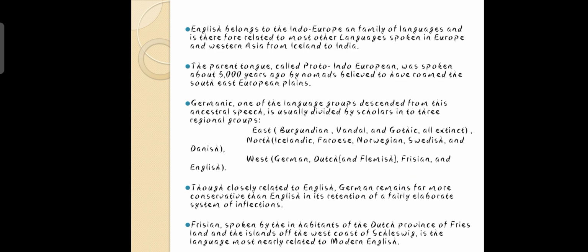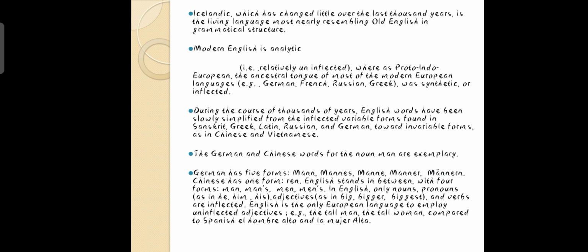Though closely related to English, German remains far more conservative than English in its retention of a very elaborate system of inflections. Frisian, spoken by the inhabitants of the Dutch province of Friesland and the islands of the west coast of Sweden, is the language most nearly related to modern English.